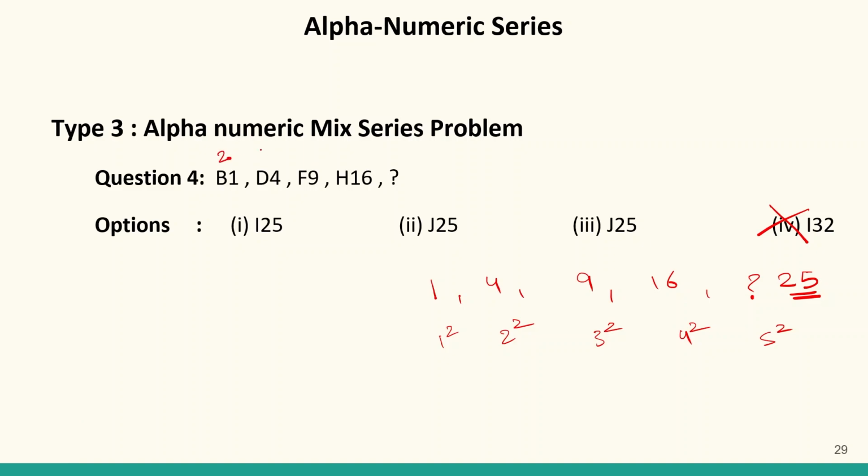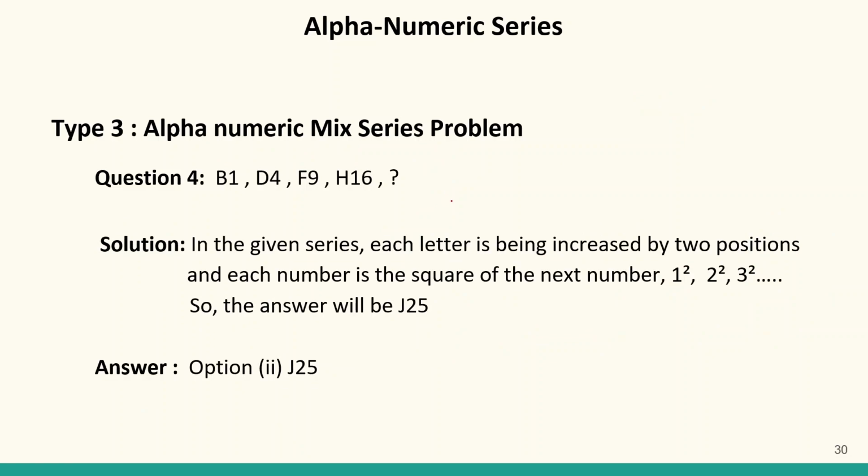This is position 2, this is position 4, F is position 6, H is position 8. So an increasing even number series. So we have to find the 10th rank, which is J. If you know the shortcut, it's very easy. So according to me, the answer will be J25. Option number 2, it is correct.